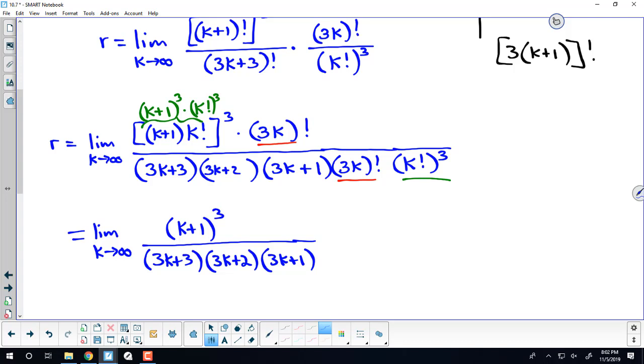So what is that limit equal to? Yeah, it's a polynomial over a polynomial. Leading term on top is k cubed. Leading term on bottom is 3k times 3k times 3k.